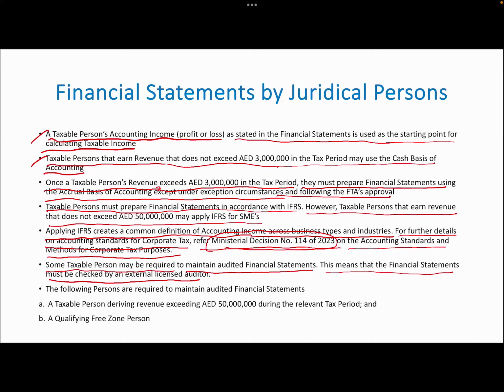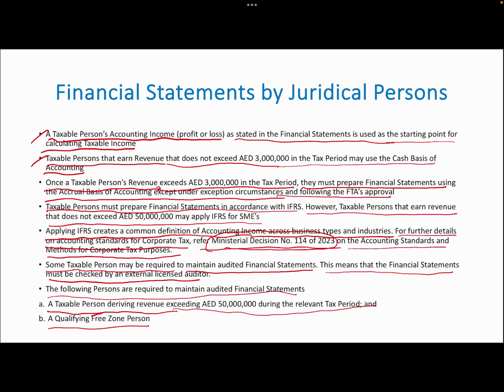The following persons are required to maintain audited financial statements: a taxable person deriving a revenue exceeding 50 million during the relevant tax period, and a qualifying free zone person. Any company whose revenue exceeds 50 million is required to have audited financial statements.